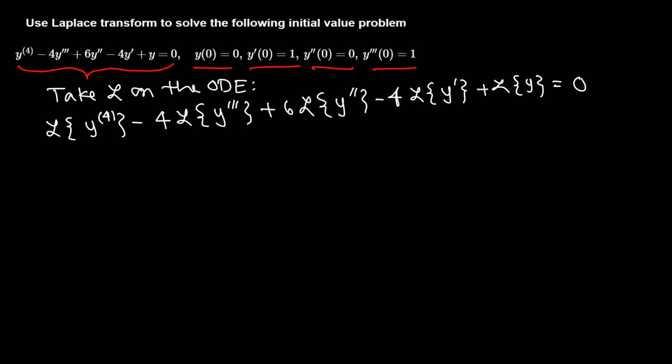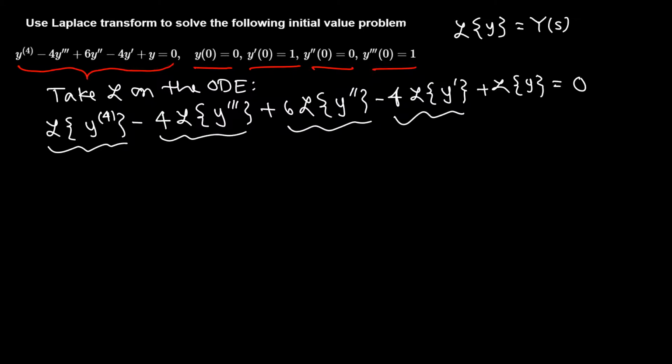Let's denote Laplace of lowercase y by uppercase Y. That's how we write it anyway. Using the table, let me write down Laplace of each of these terms. The last one is just Laplace of y.